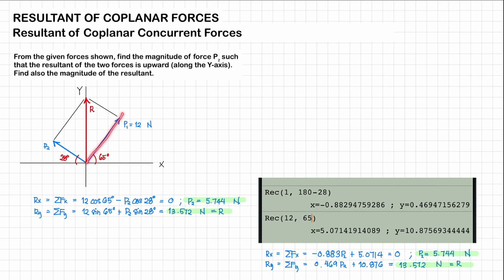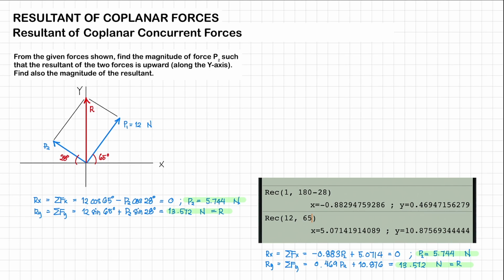P sub 1 is acting at a 65-degree angle from the horizontal or x-axis, and P sub 2 is acting at 28 degrees from the horizontal. It is also given that the resultant of the two forces is upward, or acting along the y-axis. We are to find the magnitude of the resultant, and also the magnitude of our second force, P sub 2.